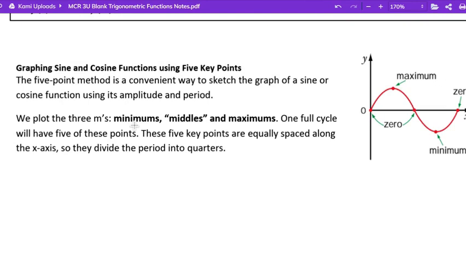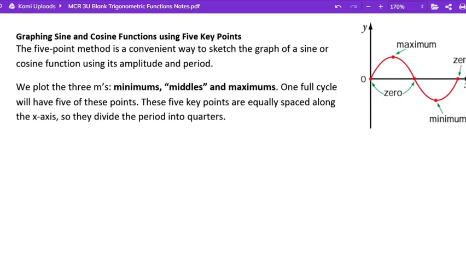All right, so let's look at the 5 key points. Remember when we were drawing parabolas or reciprocal functions, we had these key points. We had that chart where we wrote the key points. So I want to do the same thing with you for cosine and sine. Let's start off with the sine curve.